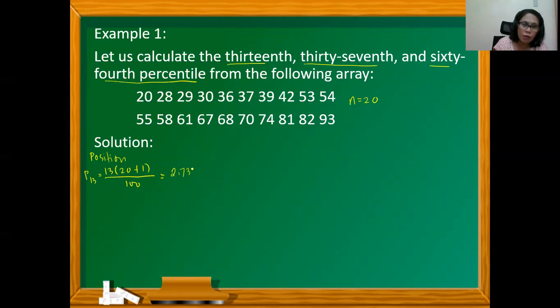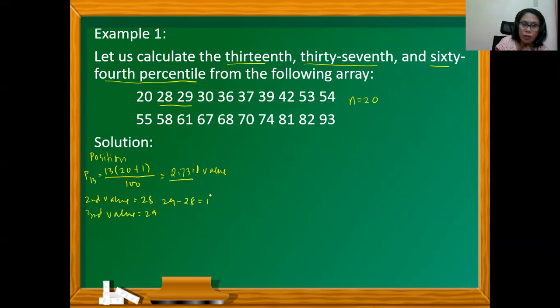Now, since this involves a decimal value, and 2.73 is within the second and the third value, which are 28 and 29 respectively, the second value is 28, while the third value is 29. So the difference between the two is 1.